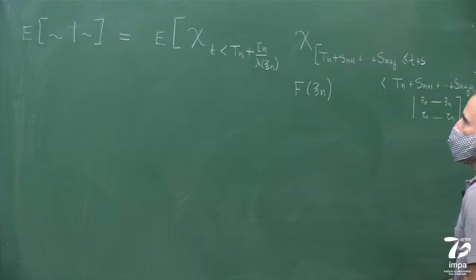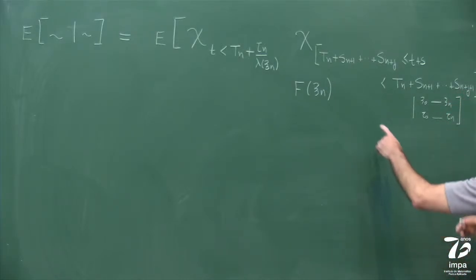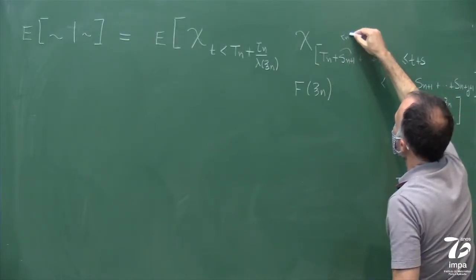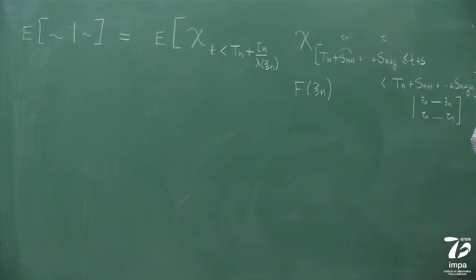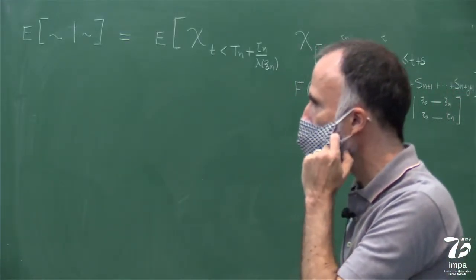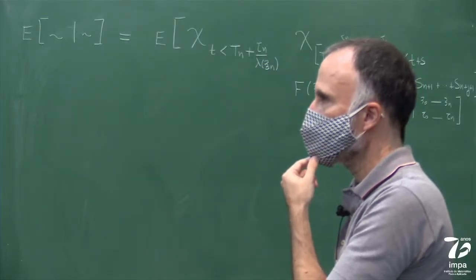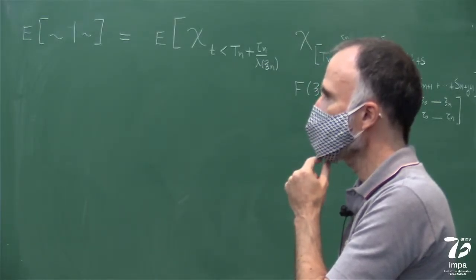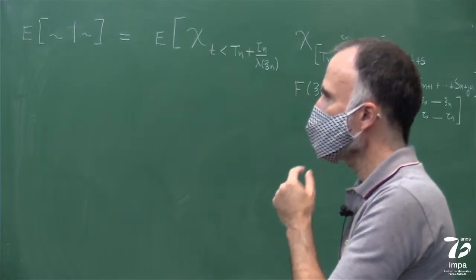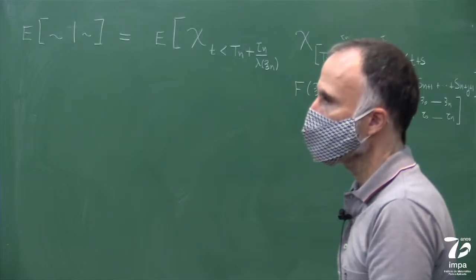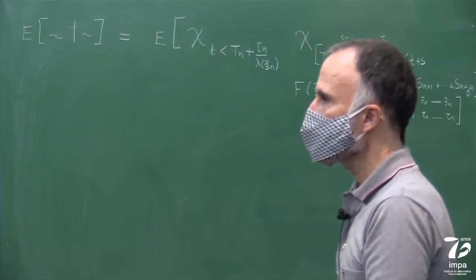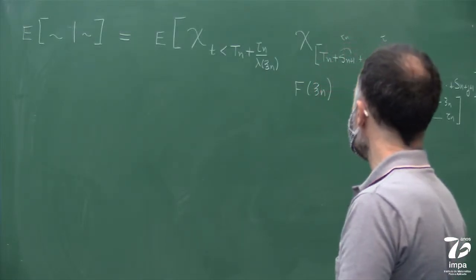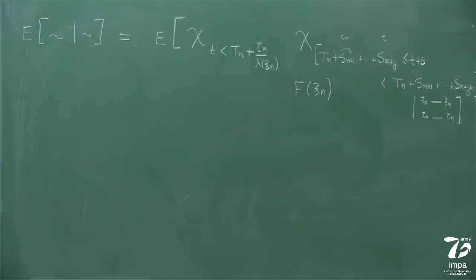And I will proceed again by claiming that these variables in which I have tau n, and up to, so there's something which I don't like in this computation, which is that I don't want tau n in my conditional expectations.